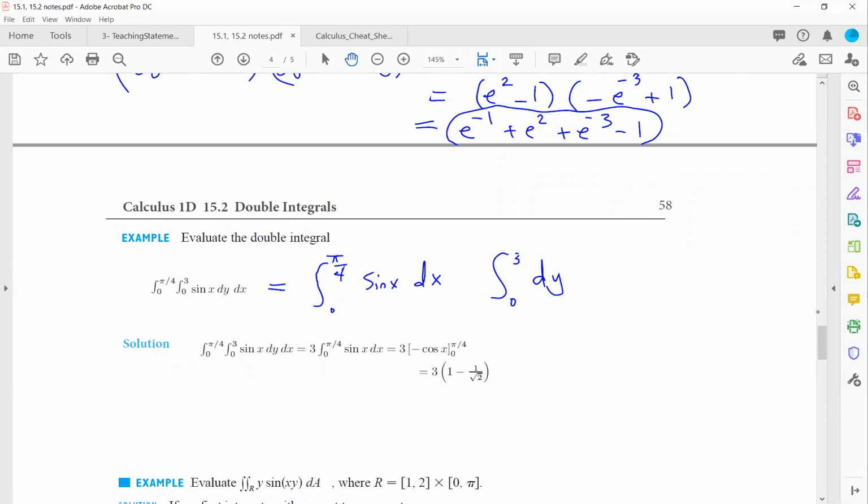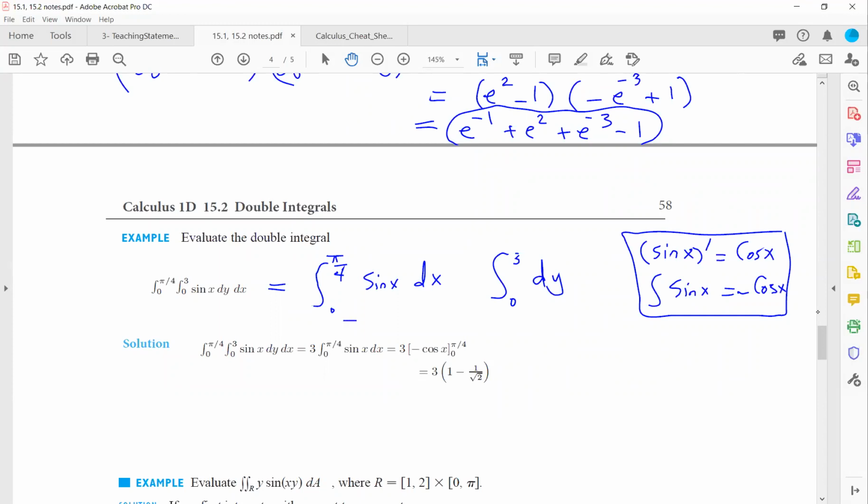The integral of sine x is negative cosine. Remember that. The derivative of sine is cosine, but the integral of sine is minus cosine.